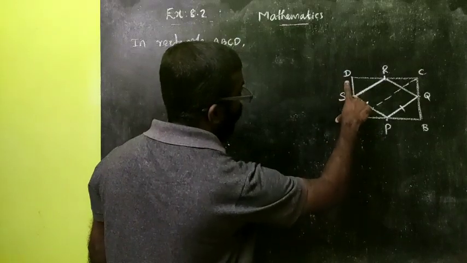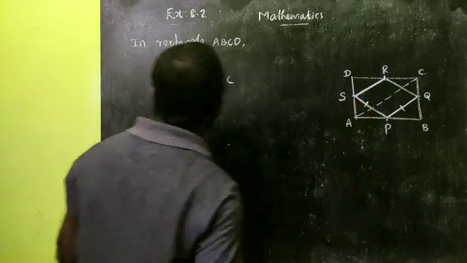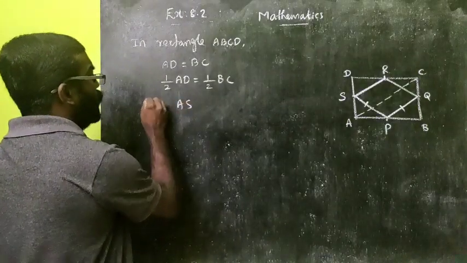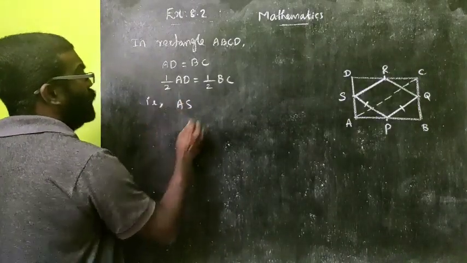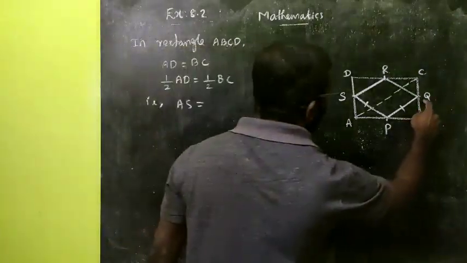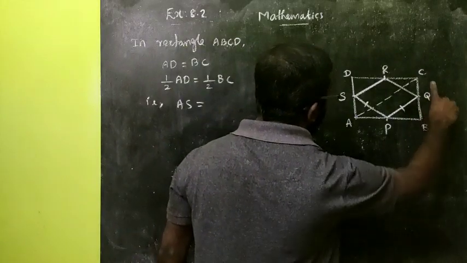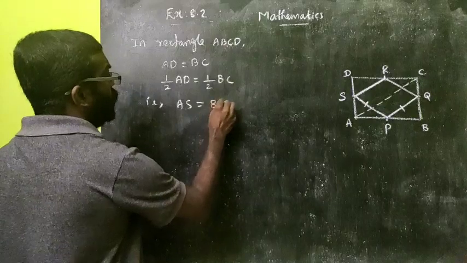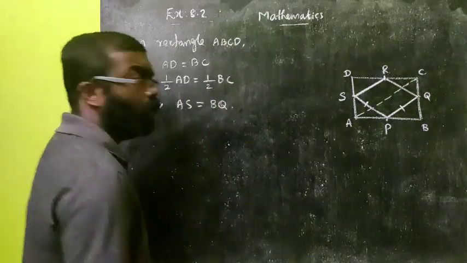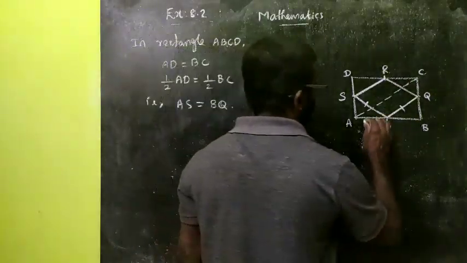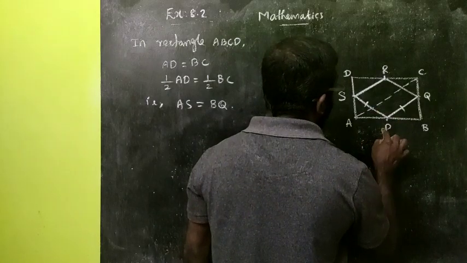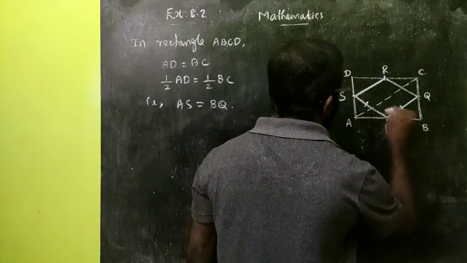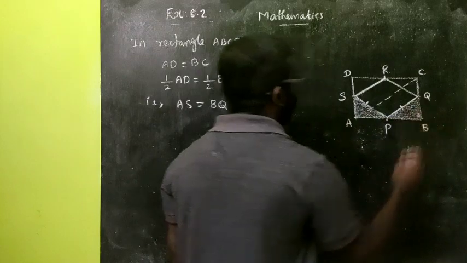So half of AD means AS. That is AS equal to, and Q is the midpoint of BC. So half of BC means BQ. So AS is equal to BQ. Now we can consider the two triangles, namely PAS and PBQ.